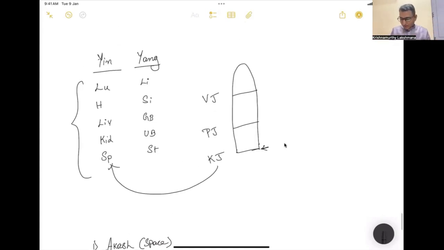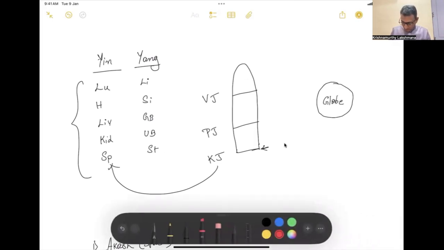Say you have a globe, what is Akash? The Akash is the covering around the globe. The space which covers the earth is Akash, or it is space.